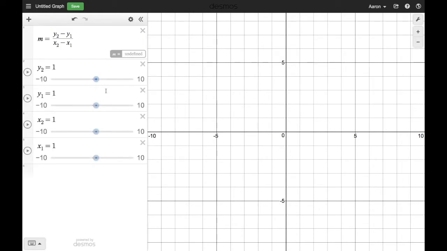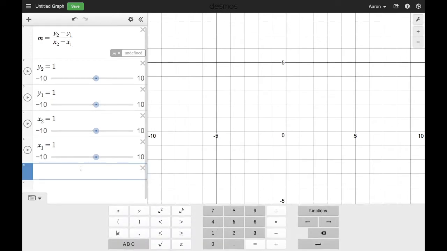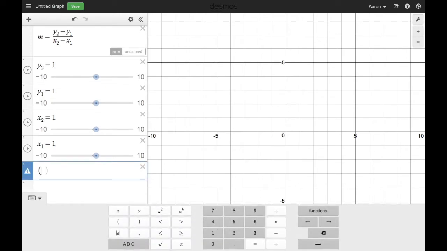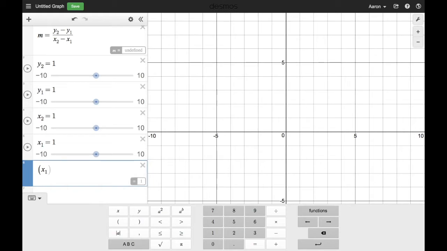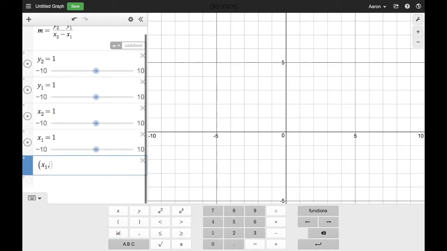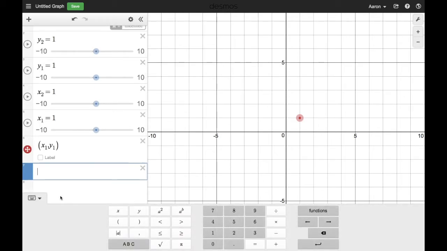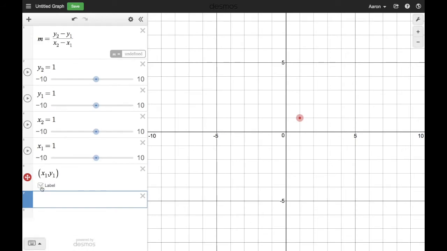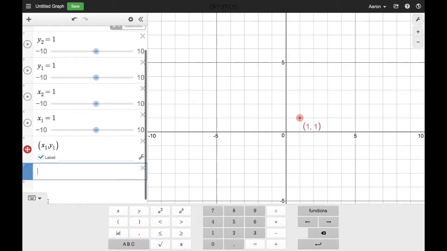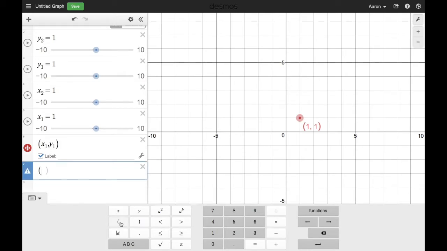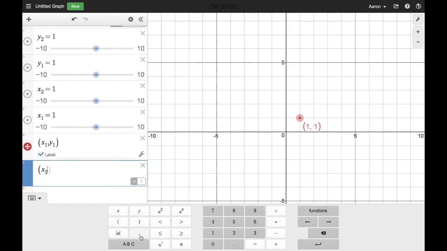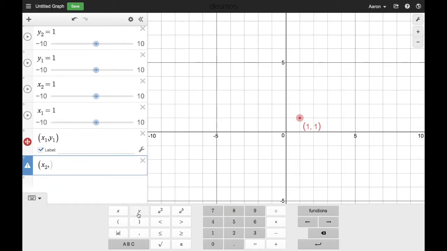Bergman loves sliders. All of a sudden, you will be able to plot parentheses x1, comma y1. That's the first point. Sure, give me a label. Then you can even type the parentheses here if you want. x2, comma y2, and parentheses.